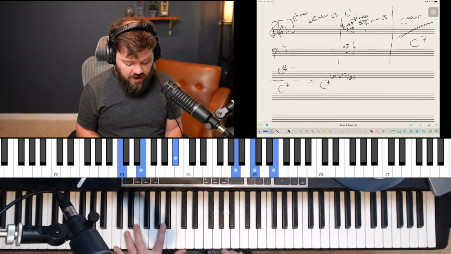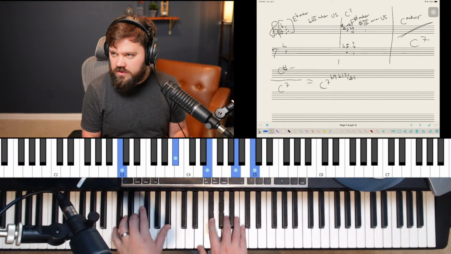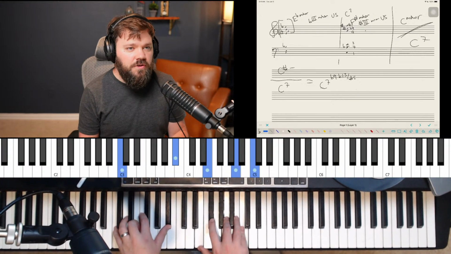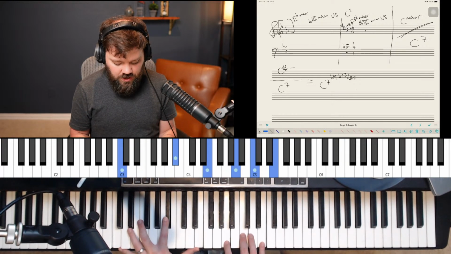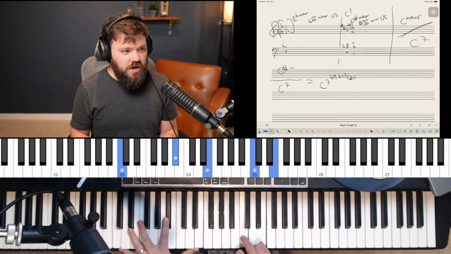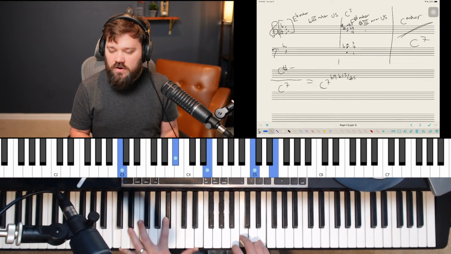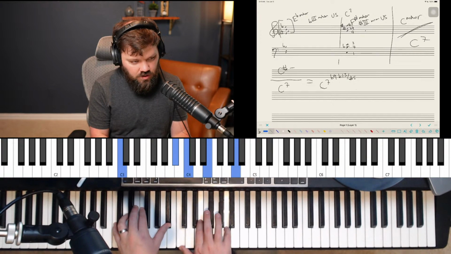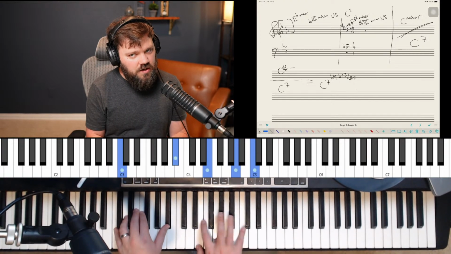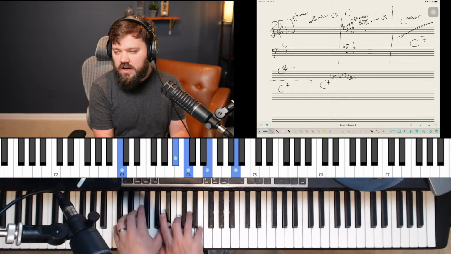A minor. And this one is a beautiful sound. And this is probably one of the first ones that you should learn. But this one, basically you have a root and a third that are on top, and really all you're adding is that 13th. But you should still explore this sound.